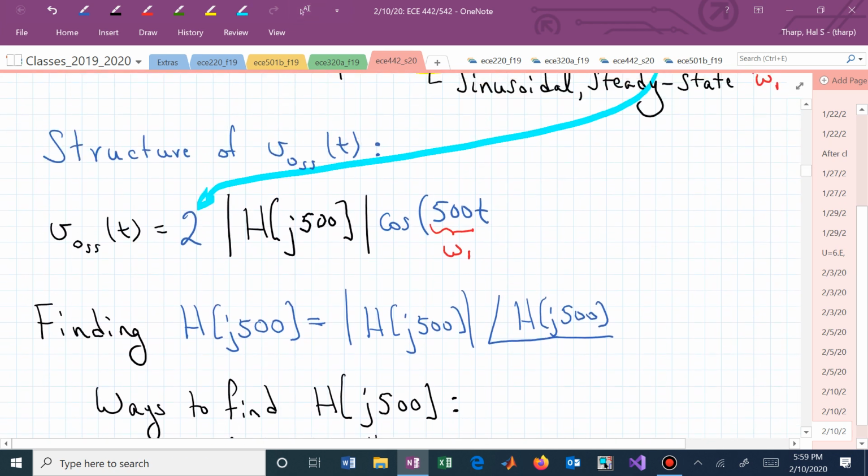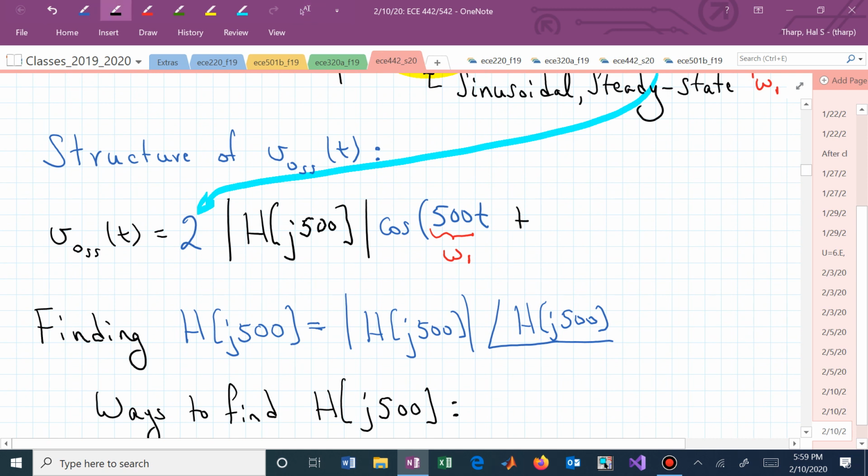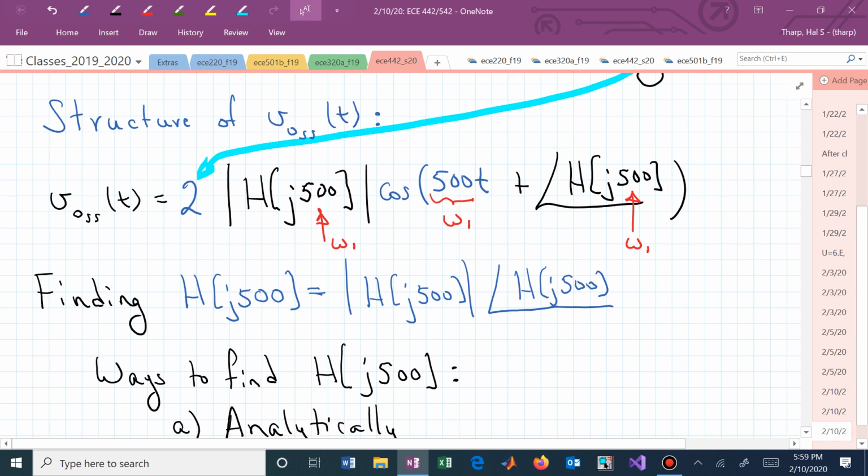So in fact, this is going to be adjusted by the angle or the phase of h at J500, where this is omega 1 and this is omega 1. So we need to find h of J500. And what are some ways to do that?